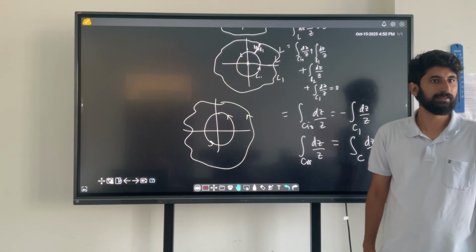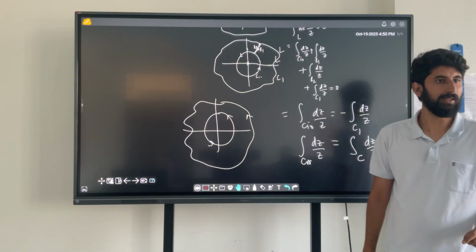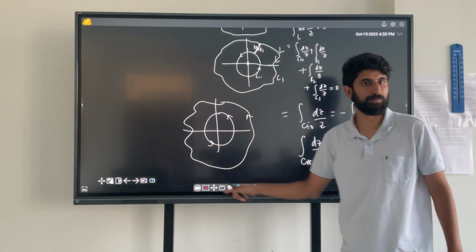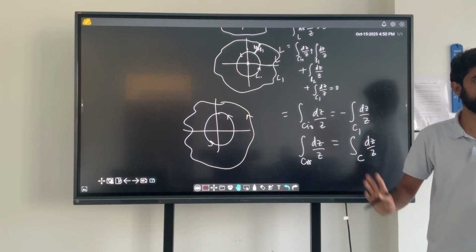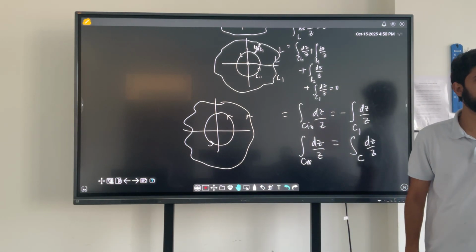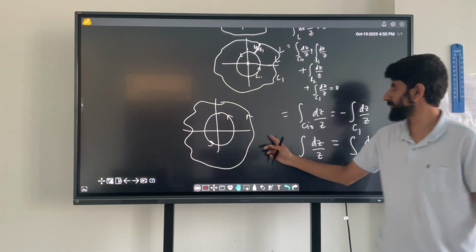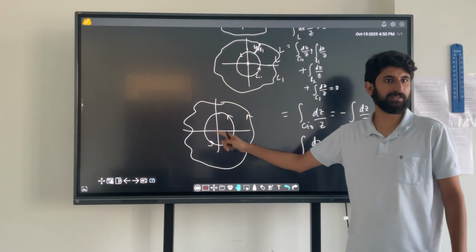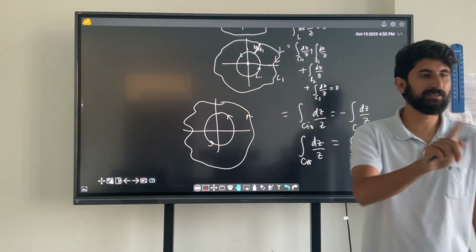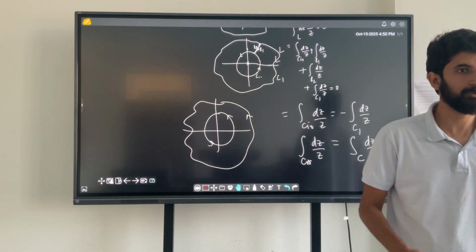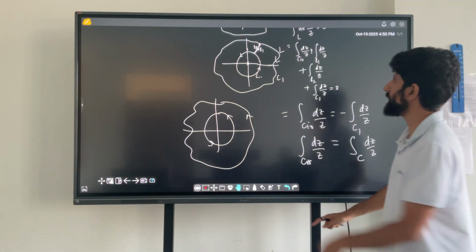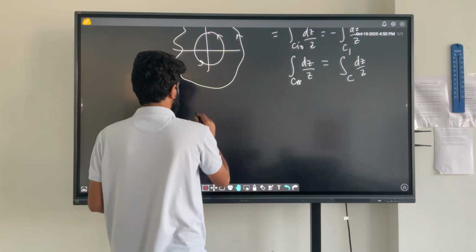Did we assume anything about this loop? We didn't. What were we able to show? We were able to show that integral over this thing is the same as integral over the circle. But integral over the circle we know: 2 pi i.